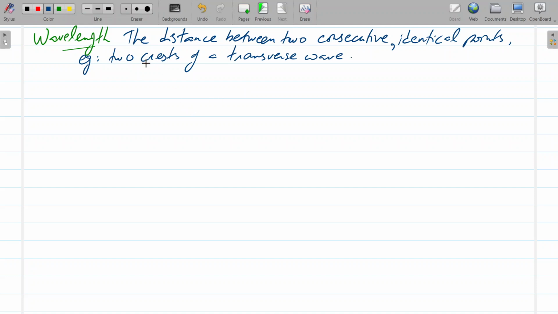The wavelength is represented by the Greek alphabet lambda, which looks like this.